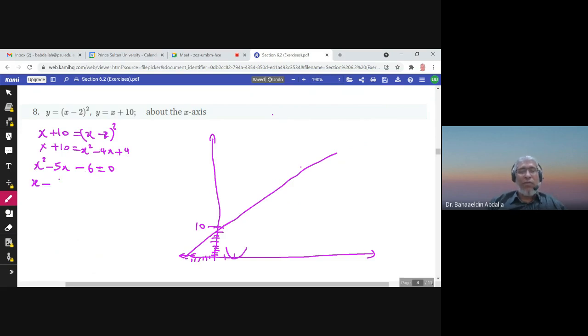And now if you factor, x is 6 and x is negative 1. If you put x as 6, y is 16. And if you put x as negative 1, y is 9. So these are the intersection points, negative 1 and 9, and 6 and 16.